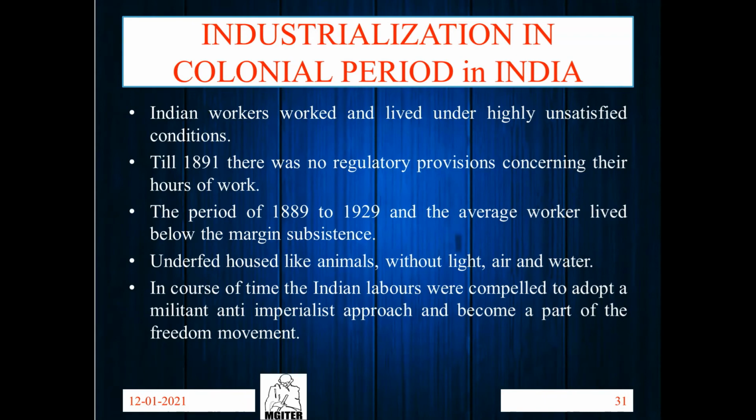In the Indian workers' houses, there was no light, no air, and no water. Right? And this type of condition became rebellion. This is not a part of the chapter, but you can understand how they became rebellious.